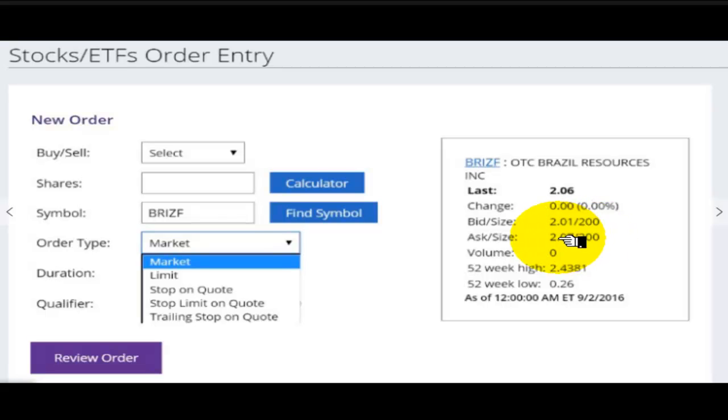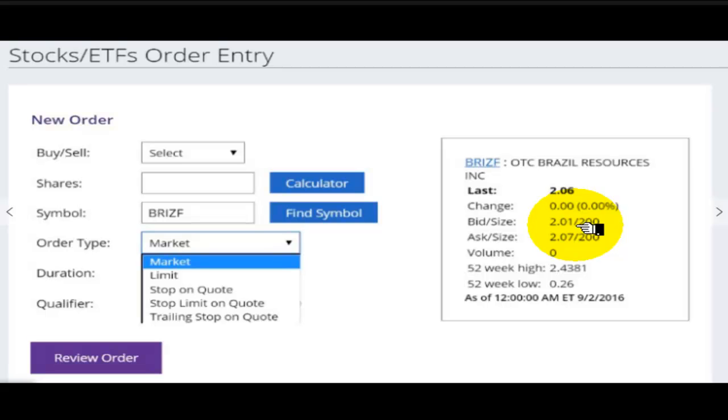The 207, your ask, is what the seller is asking that you buy it at. So the market's at 206. If you want to buy it, it's saying you've got to buy it at 207. And then here's the bid.